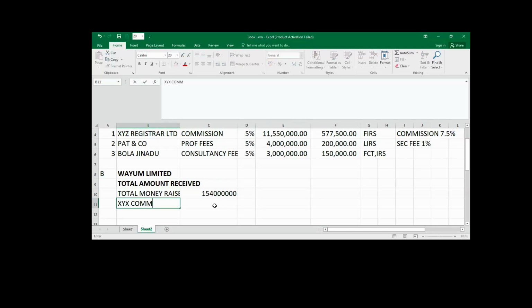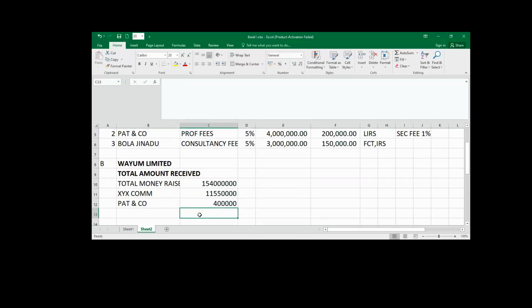How much is XYZ commission? 11,550,000. It is going to be collected from that money. Pat & Co., the accountant, is also going to collect his own money. How much? 4 million.